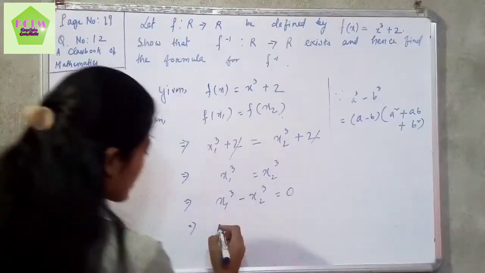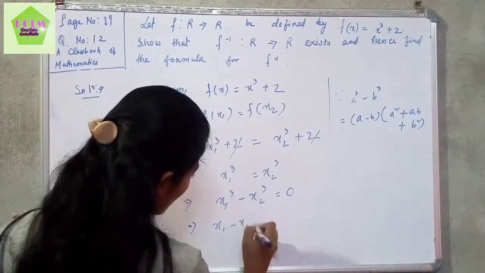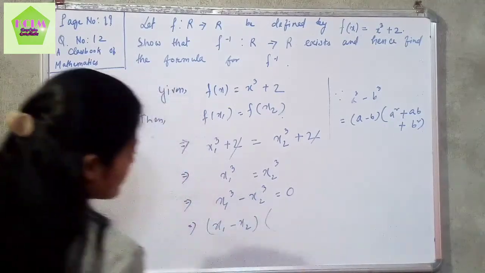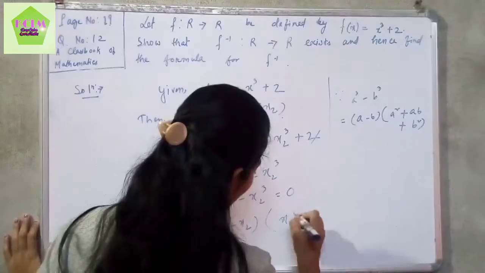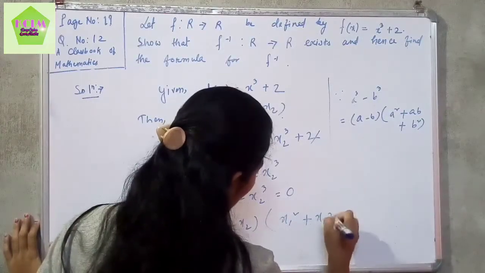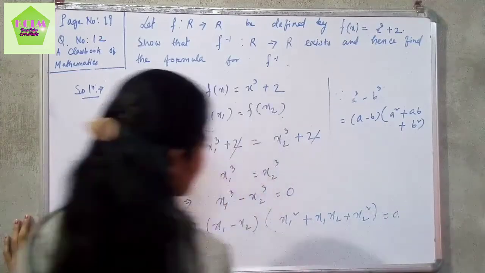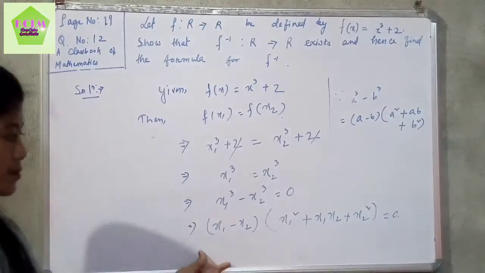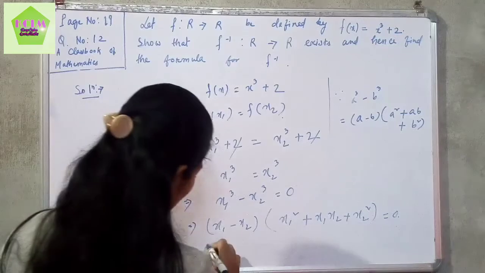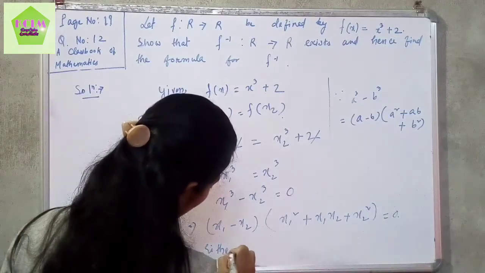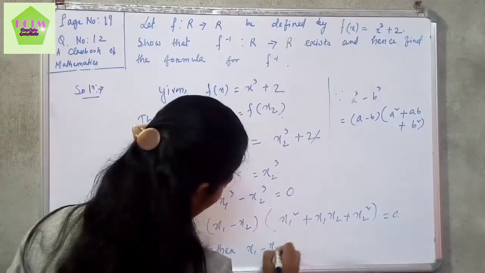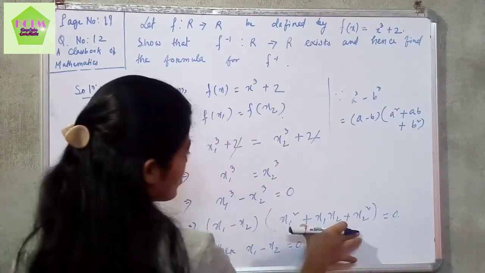So here it will be x1 minus x2 times x1 square plus x1 x2 plus x2 square. So either x1 minus x2 equals 0, or this will be equal to 0.